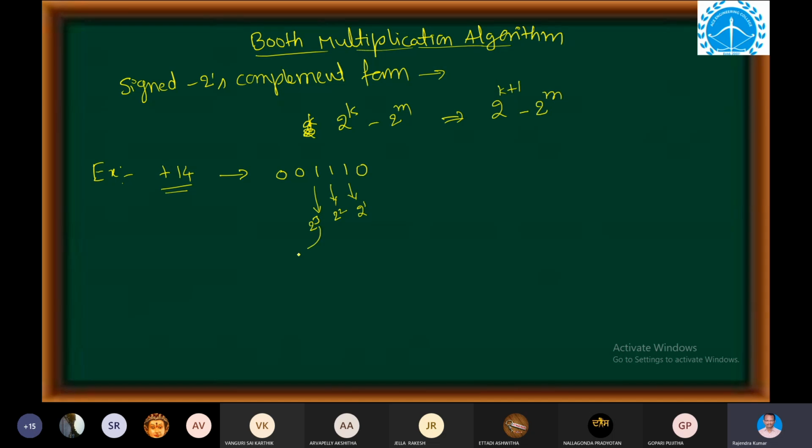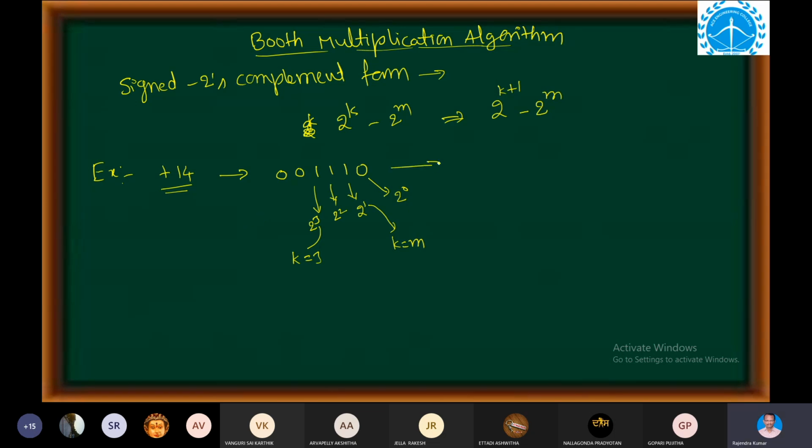Now take this one as 3, which is k, and take this one as m. Here the ones start from 2 power 1, 2 power 2, 2 power 3. Of course, the 0 bit here is the 2 power 0 bit weight.